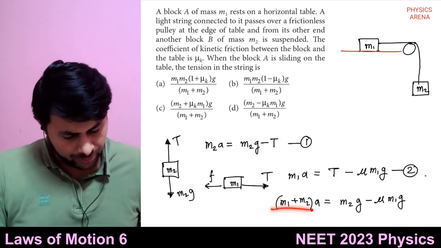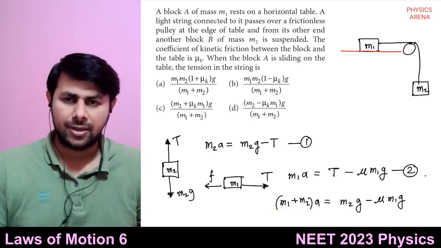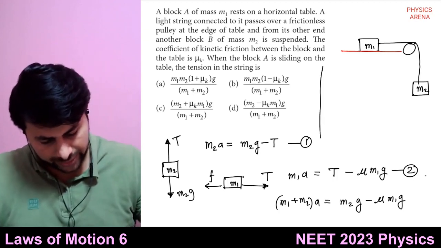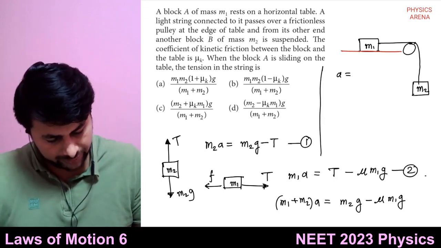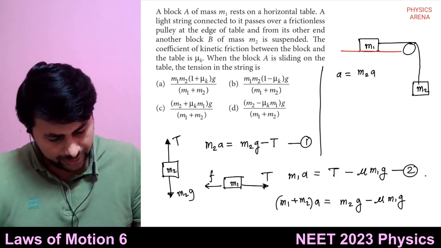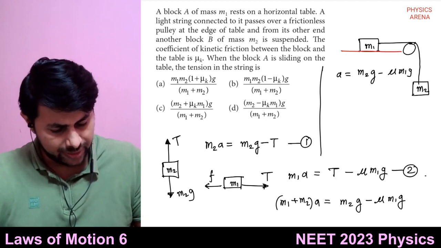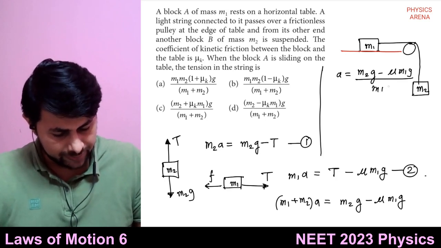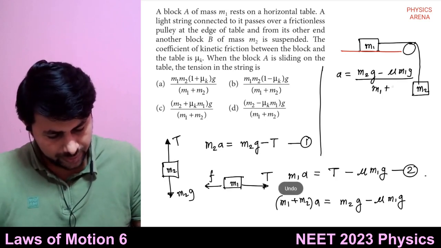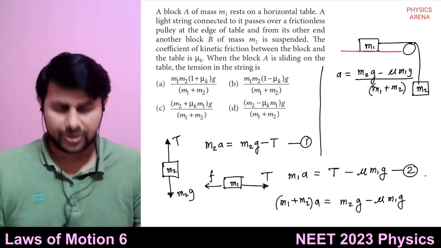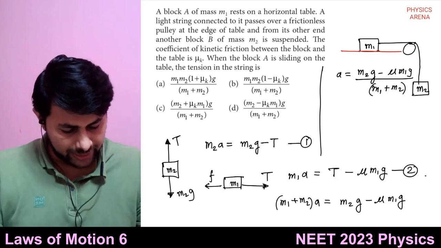And if you move this m1 plus m2 towards the right, you get the acceleration a is equal to m2 times g minus mu into m1 times g, divided by m1 plus m2.